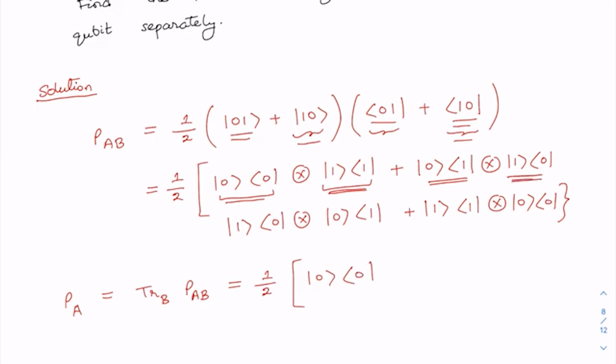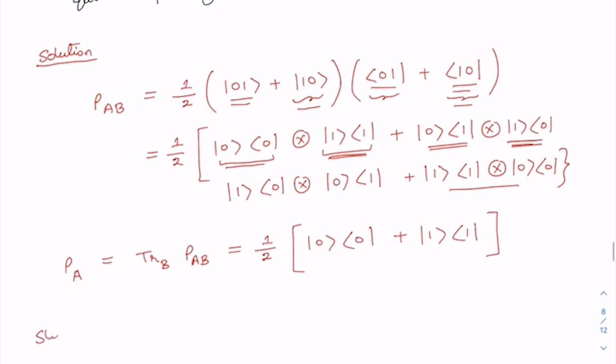This term would go to 0, because the scalar product ⟨1|0⟩ would be 0, and I will be left with finally this term. From this term I will have |1⟩⟨1|. Okay, similarly you will get ρ_B. I have to trace out A from ρ_AB, and here I will get half of |1⟩⟨1| plus |0⟩⟨0|.